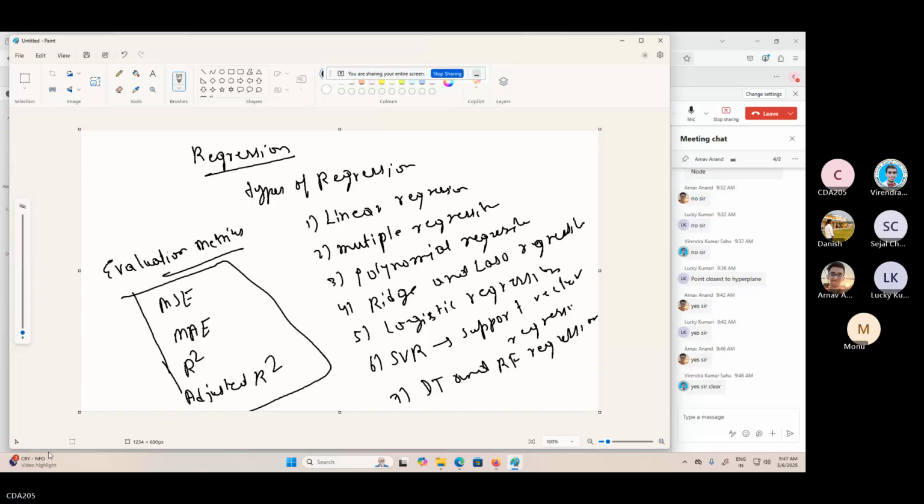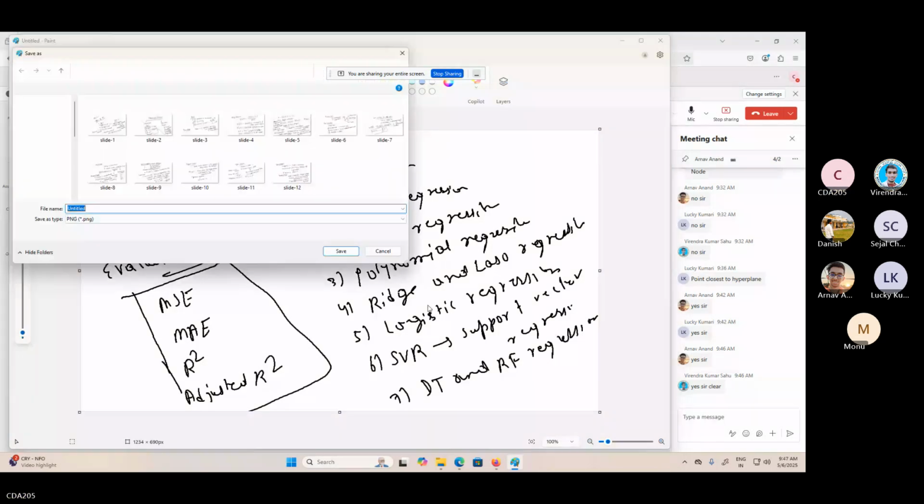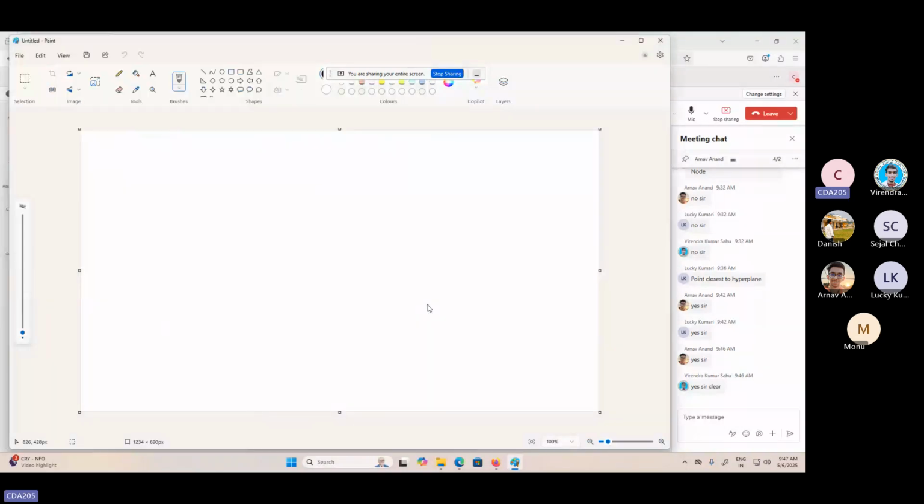No one. I already discussed in the class, that is the confusion matrix. For the classification, the evaluation matrices are the confusion matrix.